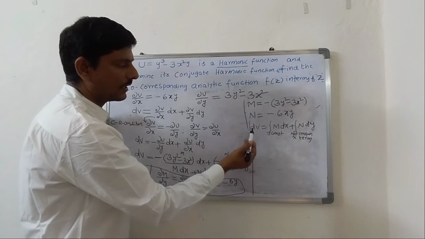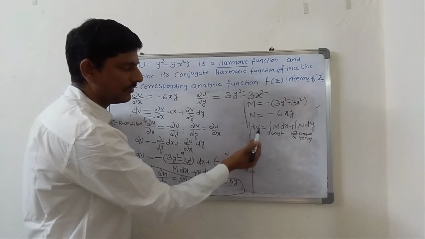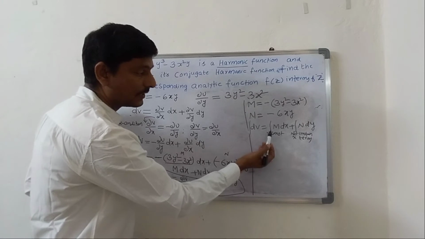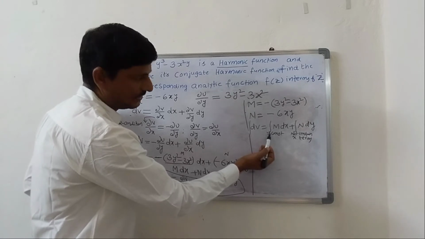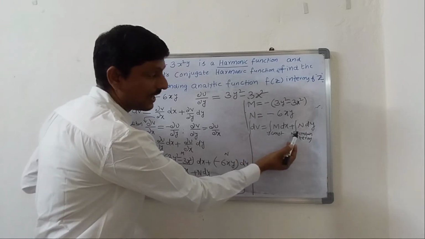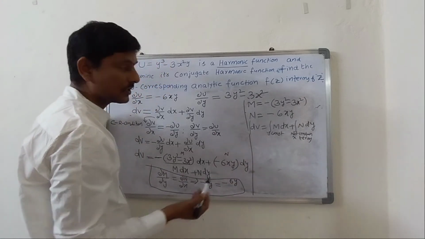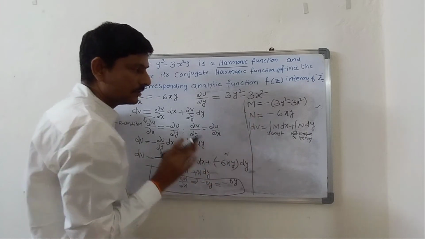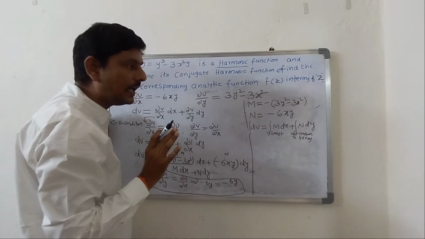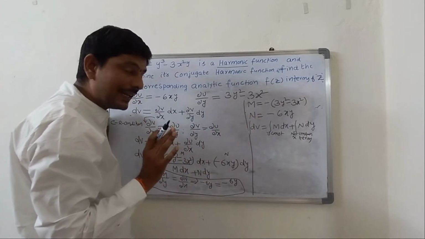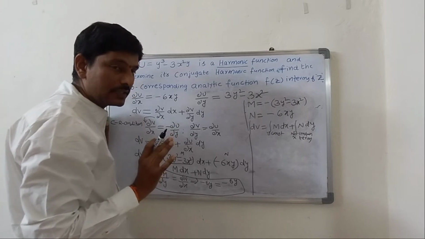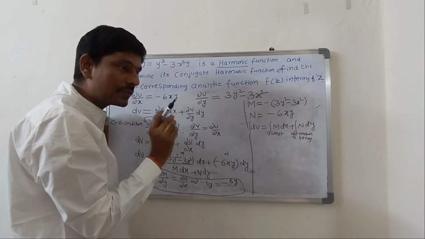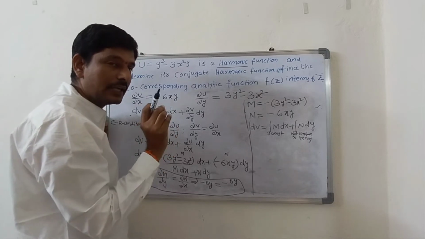So our exact differential solution is integral dv equal to integral m dx with y constant, plus integration of n dy, the terms not containing x. While writing n, we have to choose only the terms not containing x. That means the term should contain only y terms or constants. It should not contain an x term.